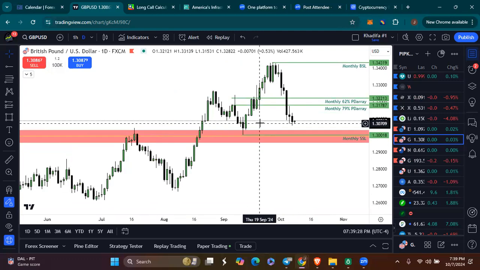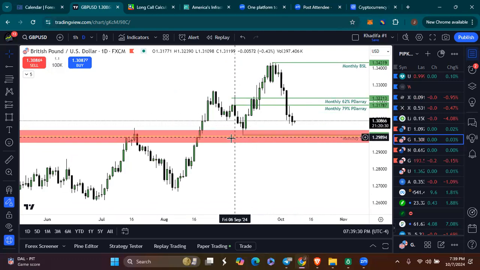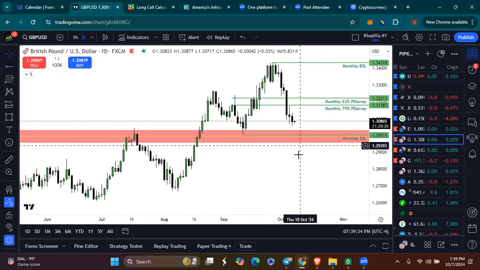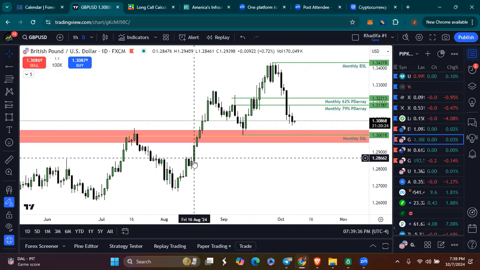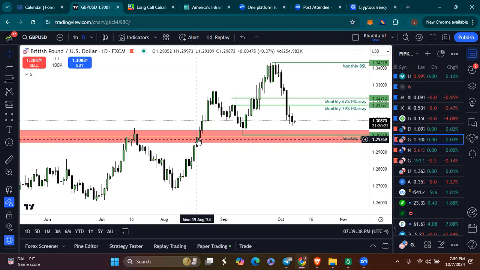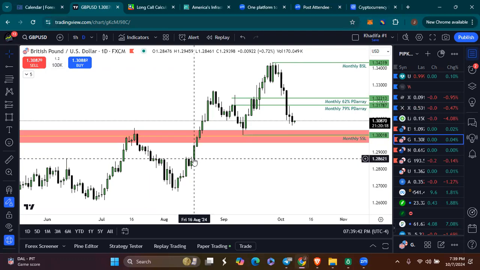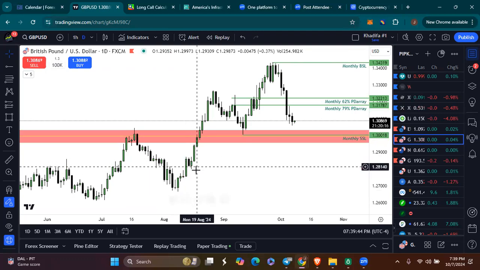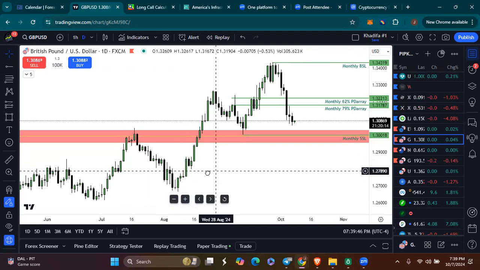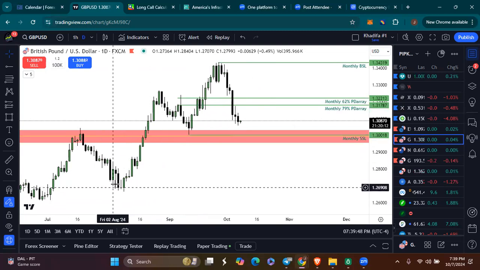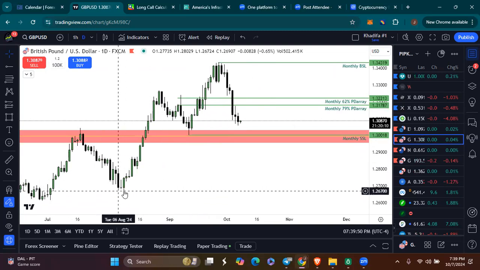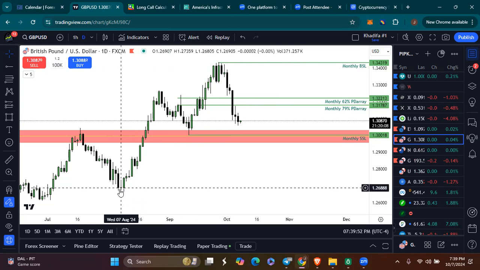And if we break aggressively below this monthly sell side liquidity, then I expect us to target this imbalance here, and come on down to possibly run this swing low here from the week of August the 7th.